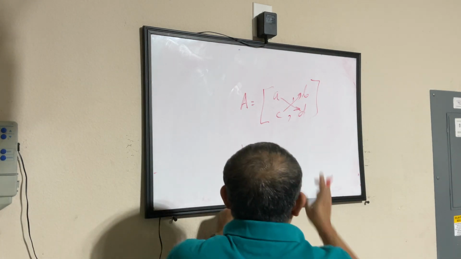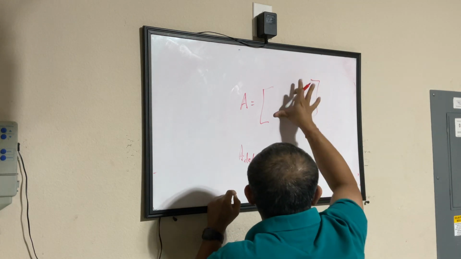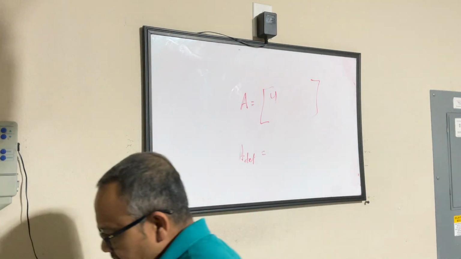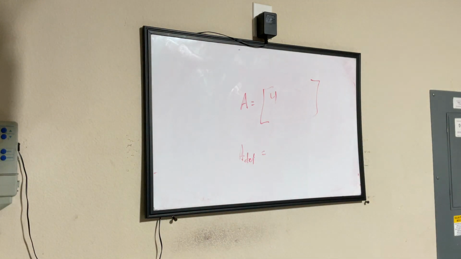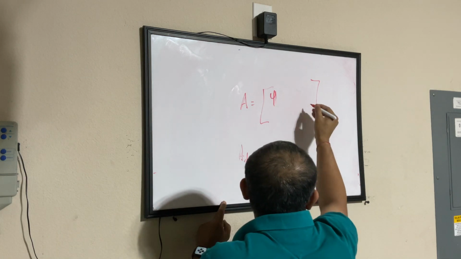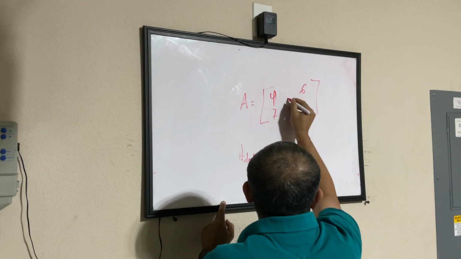So now let's say I'm talking about a 2 by 2 matrix with entries 4, 8, 6, 7.